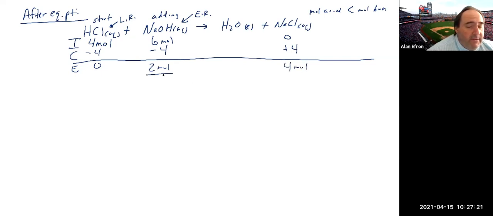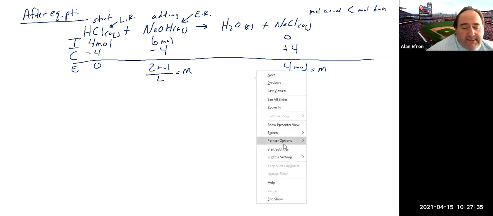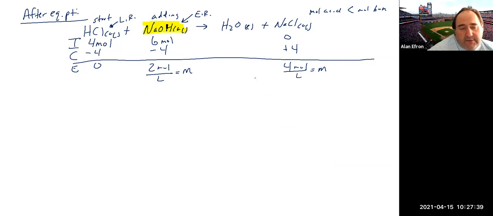Just like we've done on the other ones, we want to convert back to molarity using the total volume that we've added plus the volume that we started with of the HCl. If you're not sure what's going on here, we can look at our ice table and see what we have left. We have sodium hydroxide left and sodium chloride left.